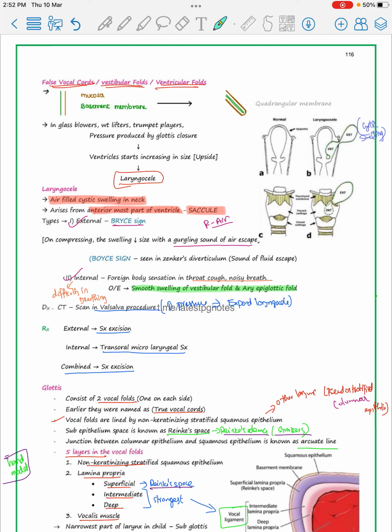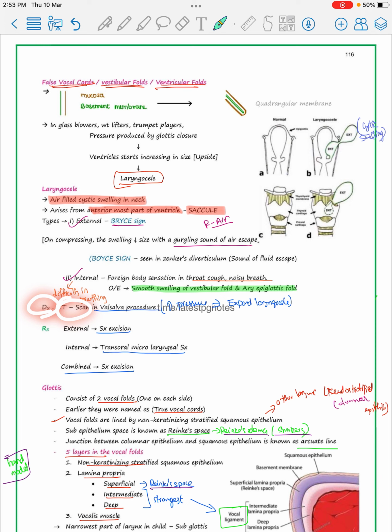Then if it is internal, there will be a foreign body sensation in the throat, cough and noisy breathing. Okay, then on examination you can see smooth swelling of the vestibular fold and aryepiglottic fold.